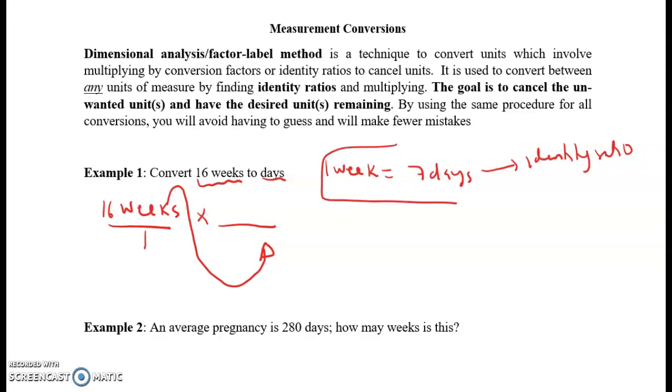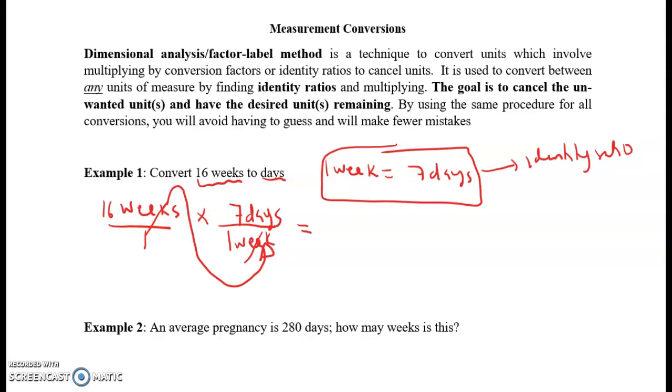So with this identity ratio, we express it in such a way that weeks is in opposition with the weeks we have at the top. We're going to have our 1 week at the bottom and our 7 days at the top. So weeks will cancel out.